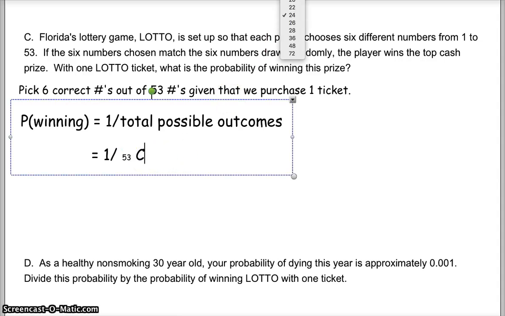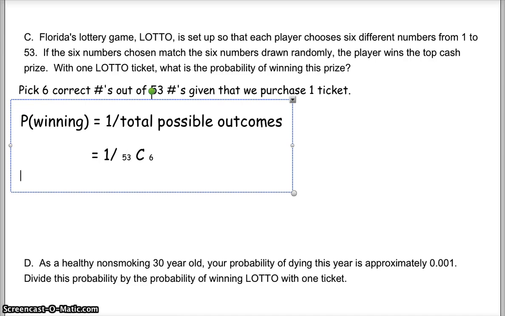And how many do we have to choose at a time? We have to choose 6 numbers. So our denominator is 53, choose 6. In other words, we have 1 ticket, so 1 chance to choose the correct 6 numbers out of 22,957,400.